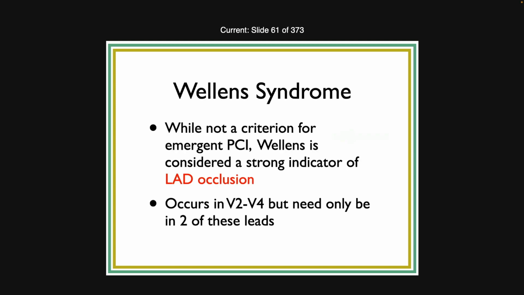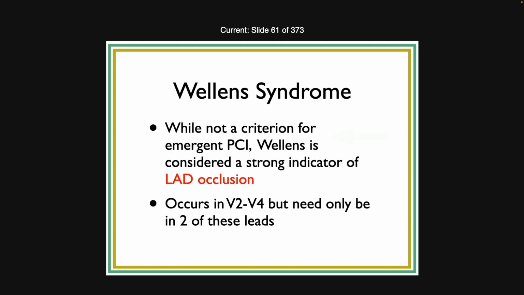So Wellens syndrome by itself, if all you see is Wellens, and in a minute we'll see what it actually is, is not a criterion for emergent PCI. Wellens is considered a strong indicator for LAD occlusion.